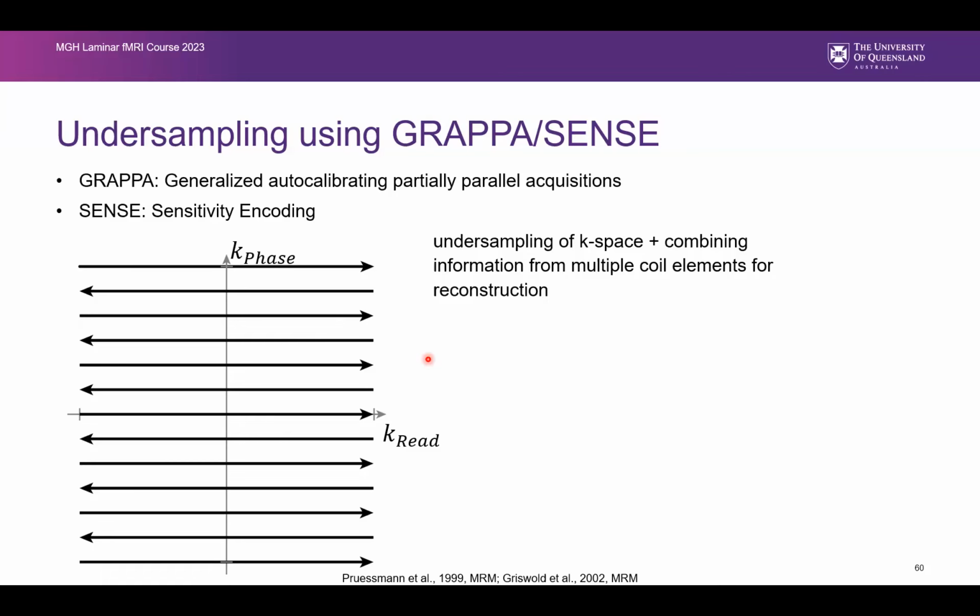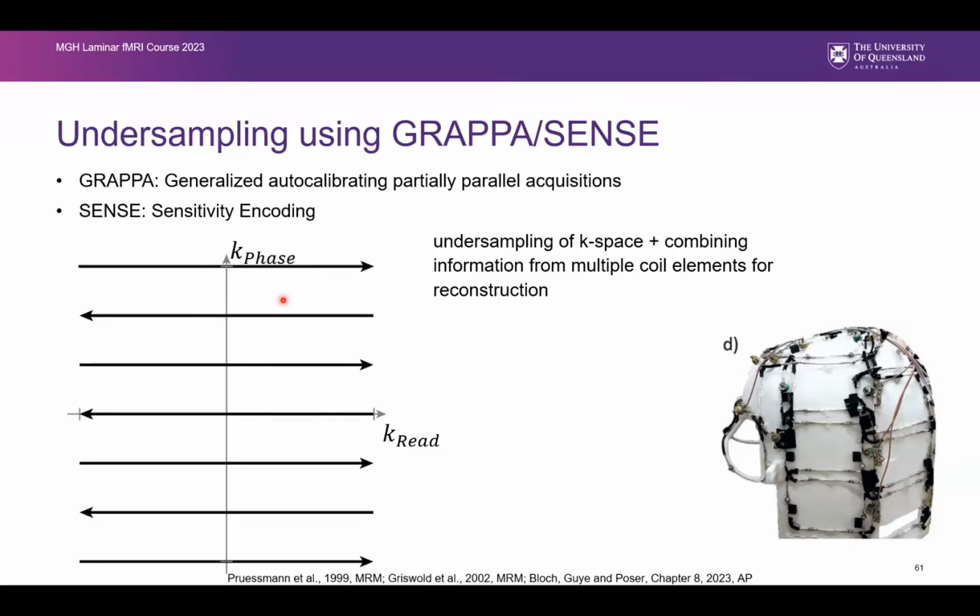Then we apply the usual tricks, so undersampling using either GRAPPA or SENSE. They undersample K-space, and then we combine information from multiple coil elements for reconstruction. Undersampling K-space means leaving out K-space lines. As I said, we are like a race car driving along, and if we only have to cover half as many lines, then obviously we're twice as fast.